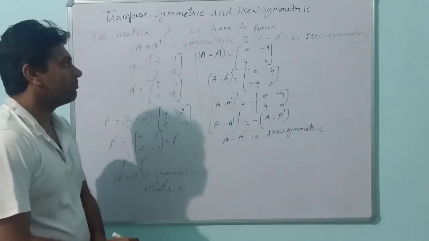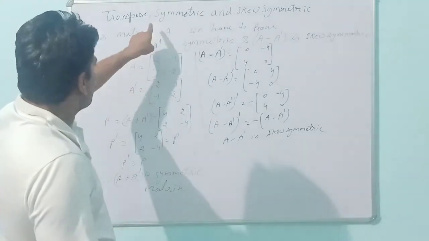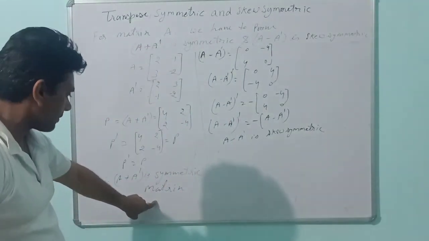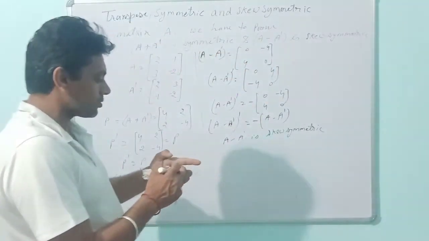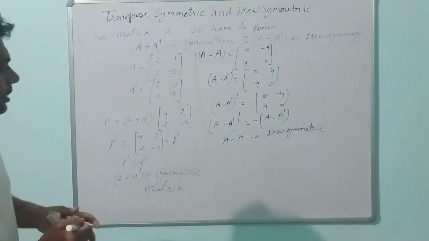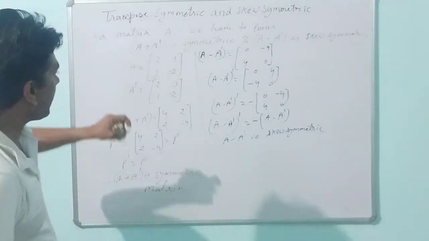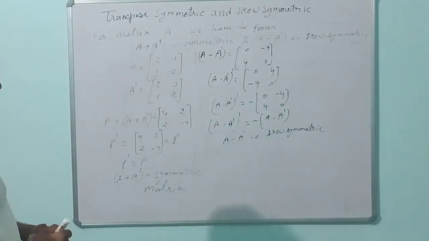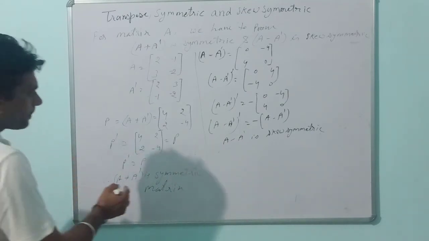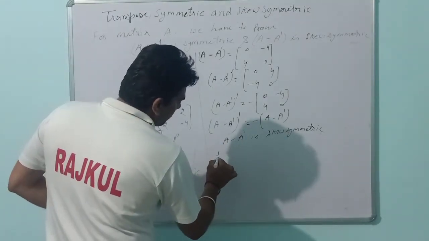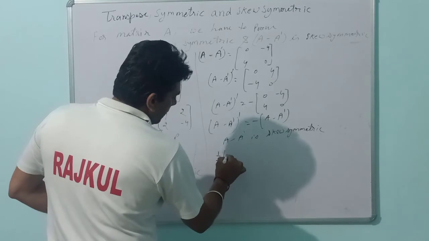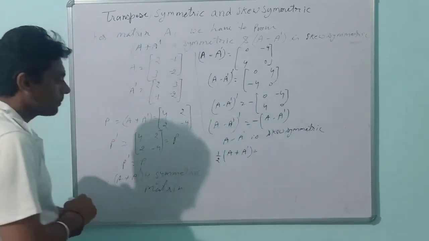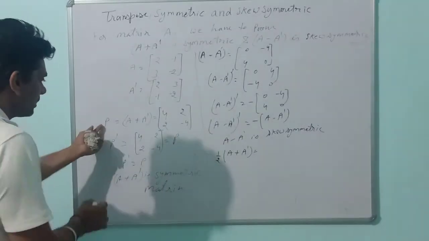Skew symmetric matrix. For any matrix A, A plus A transpose is a symmetric matrix, and A minus A transpose is skew symmetric. Now we have to prove matrix A as a sum of a symmetric and a skew symmetric matrix. We find half of A plus A transpose.